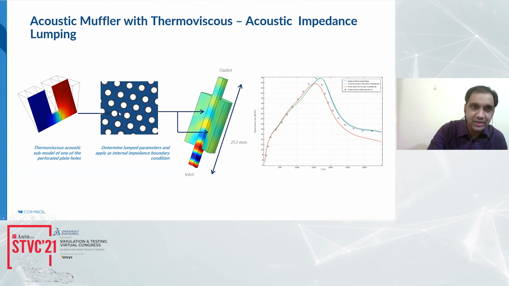We have taken one single hole, and the entire plate is not required to be modeled. So 3D modeling of some sector of the hole is done. Once you do this, you cannot do just pressure acoustics modeling. You need to do thermoviscous acoustics, which means you also account for thermal and viscous losses apart from just the pressure acoustics modeling in the muffler.